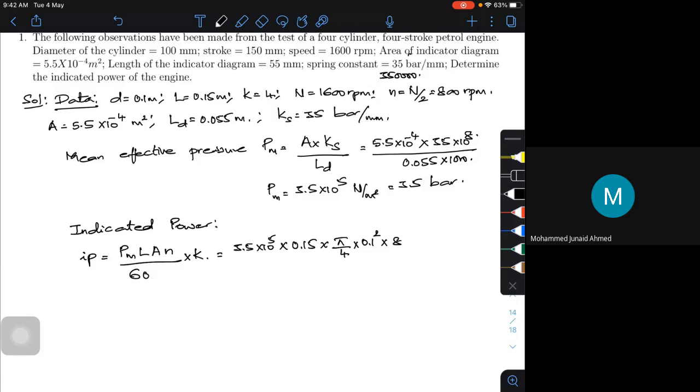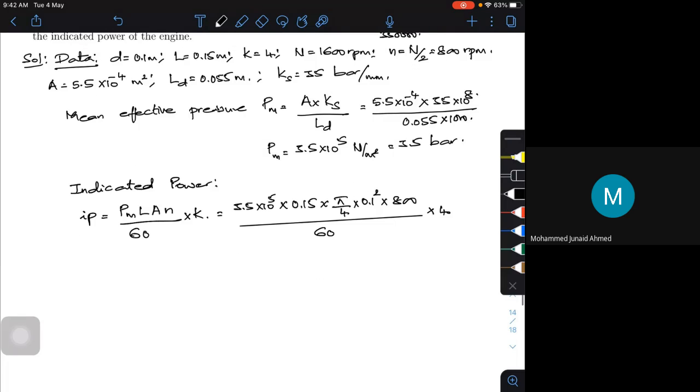So 800 divided by 60. If you put it as 60,000, it will be kilowatts directly. 60 into number of cylinders, which is 4.